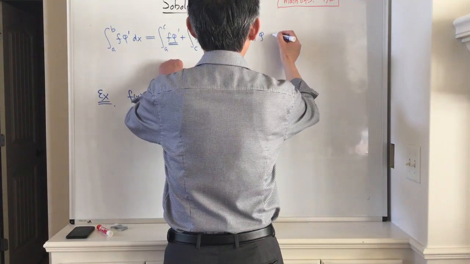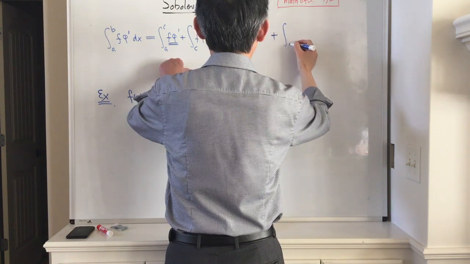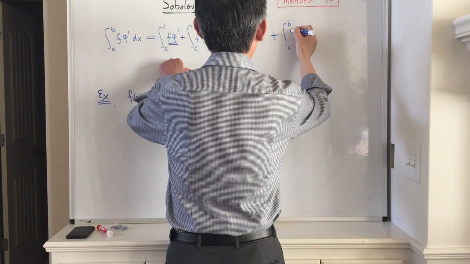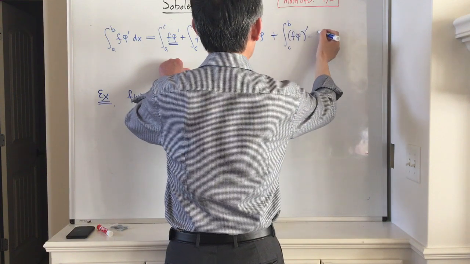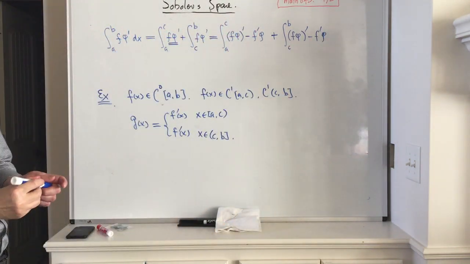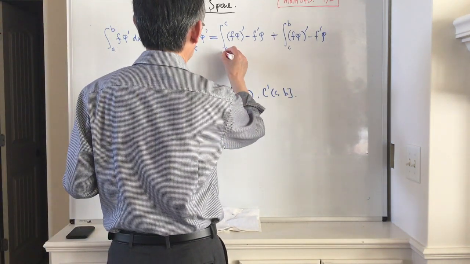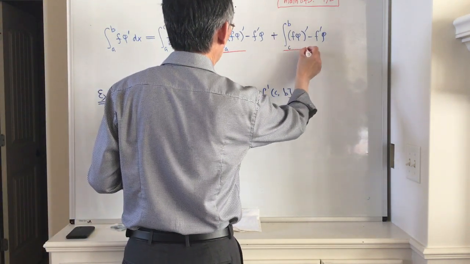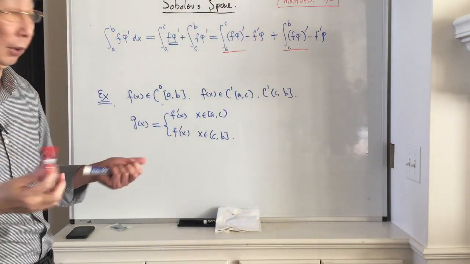I'll do the same thing on the second one. The second one is C to B, and you can also write it this way, the derivative of F phi minus F prime phi. Okay, I'll write these both ways. And now I'm going to work on these two parts first. I know that they are complete derivatives, so I can use the fundamental theorem of calculus.